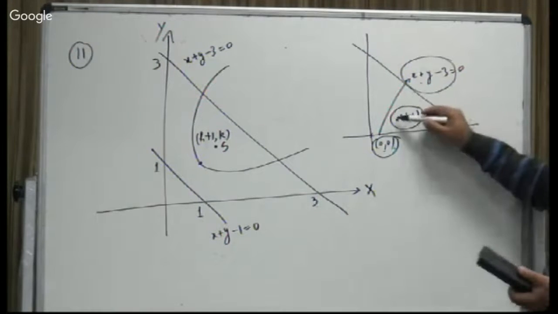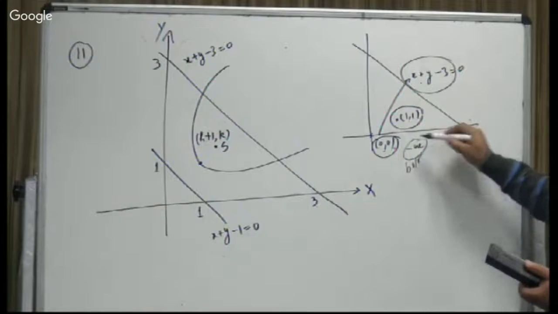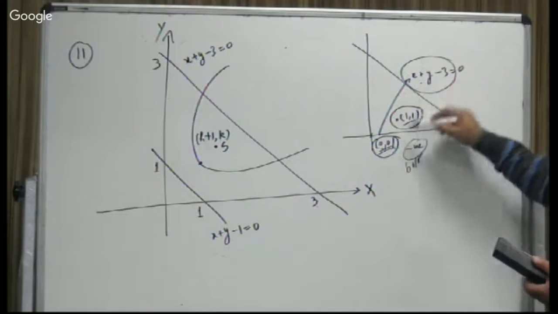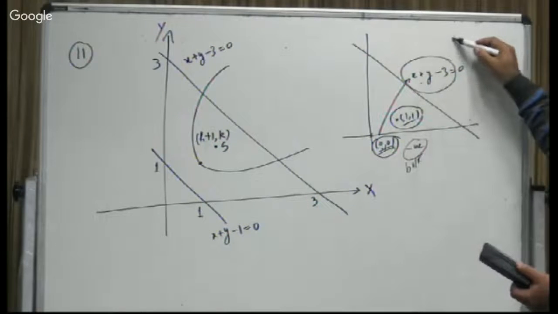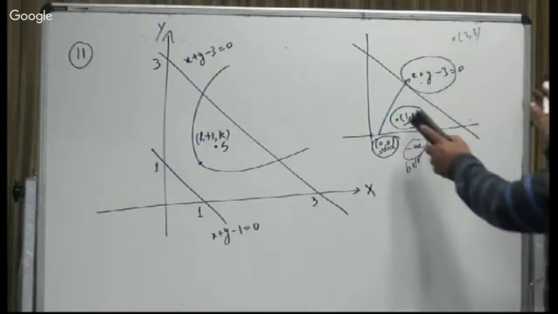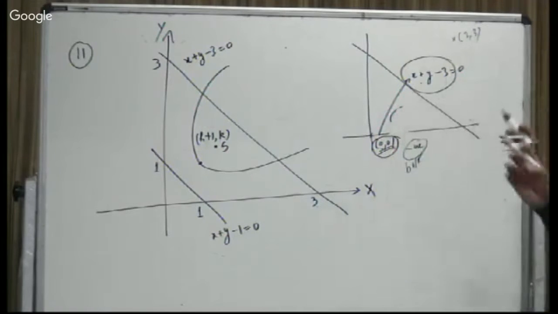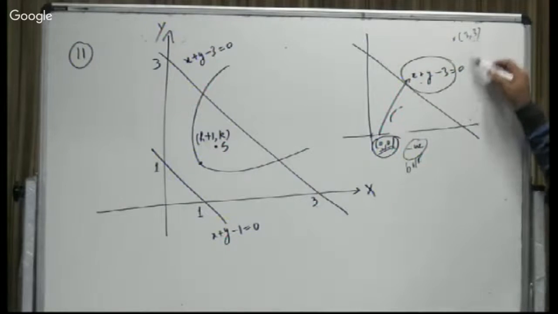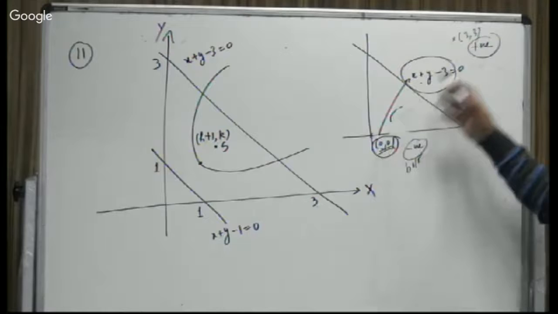And if both are coming out to be negative, by substituting these coordinates in this point, it is coming out to be negative. Now if you substitute a point, let us say I am taking the point 3, 3. Origin is below the line and 3, 3 is above the line. So what will happen in this case? Right here, when I substitute, I'll get positive, and origin I'll again get negative.